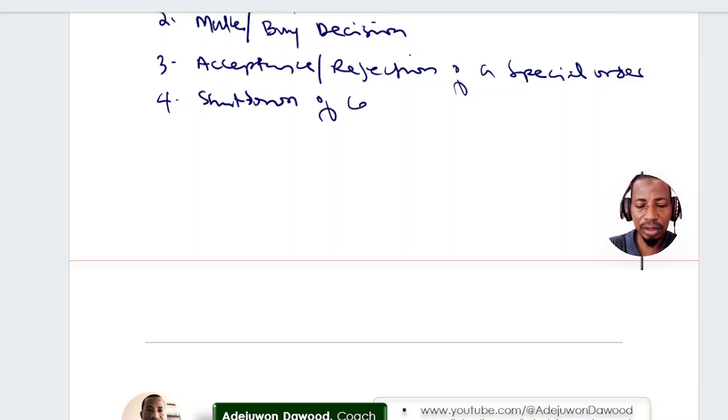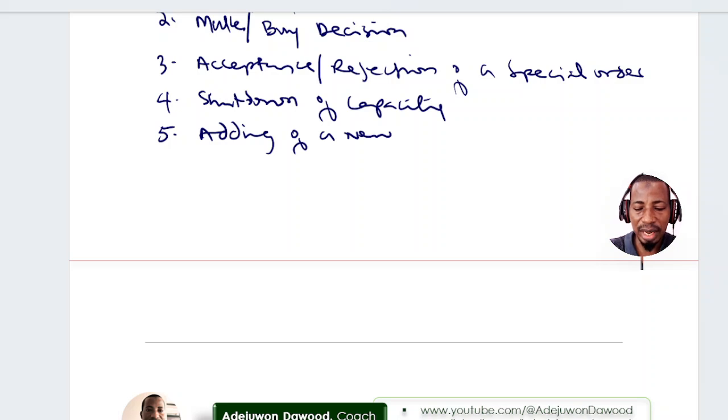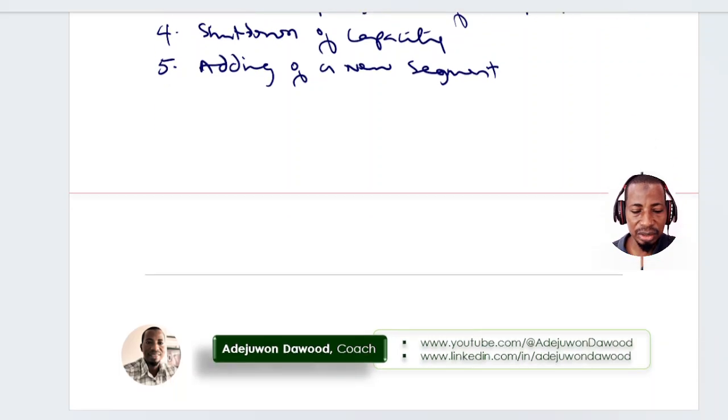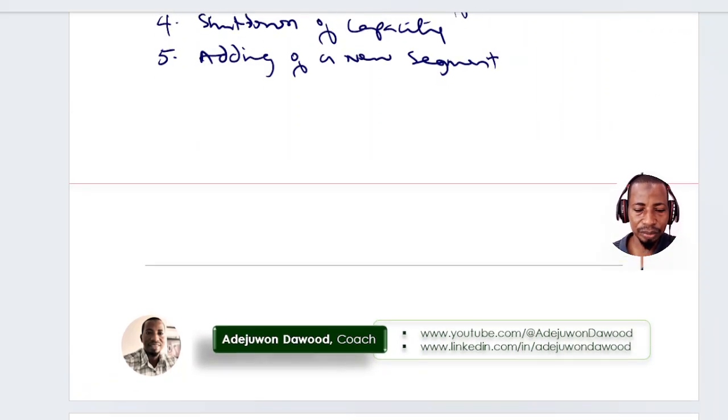Then number 5, you can also use marginal costing when there is a need to add a new segment. Management may want to know whether a new segment should be added or not.